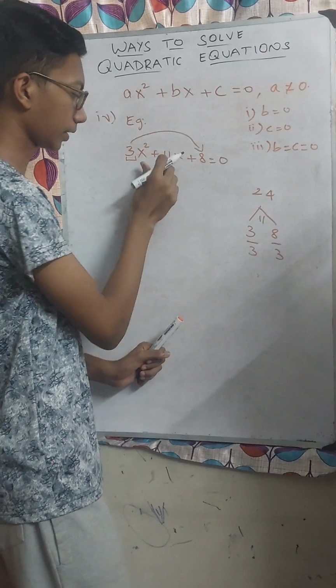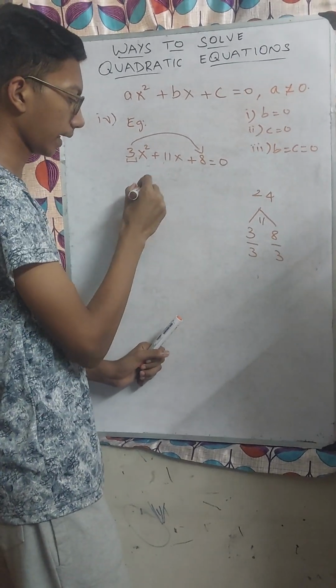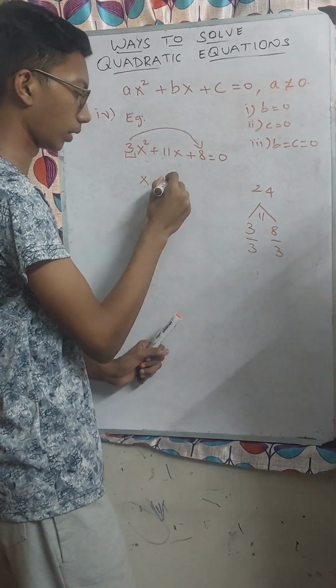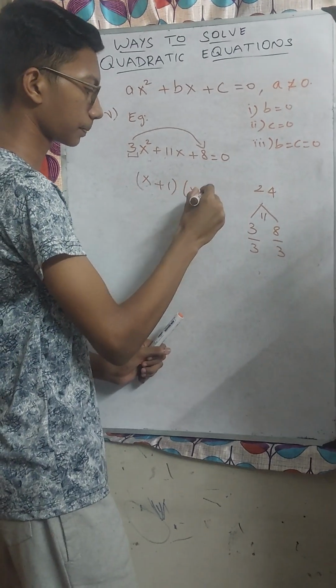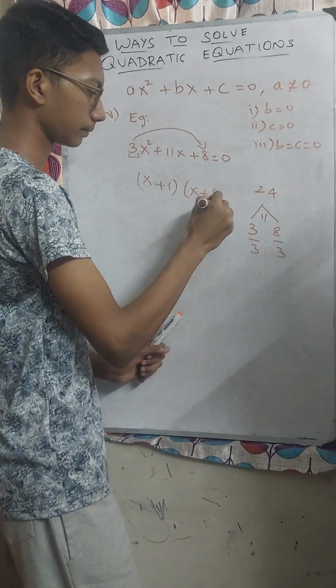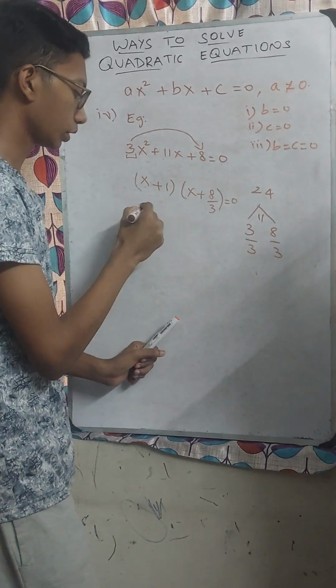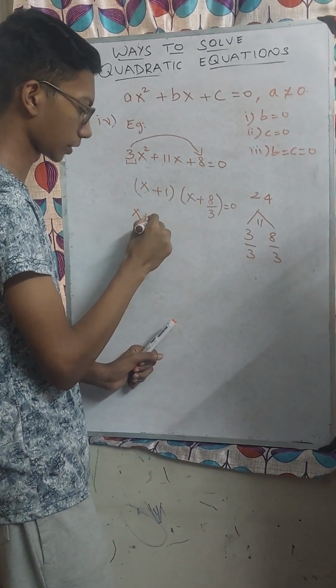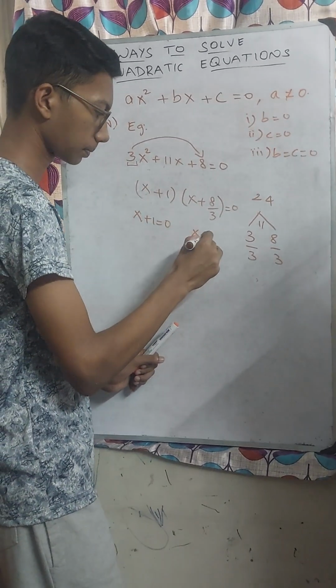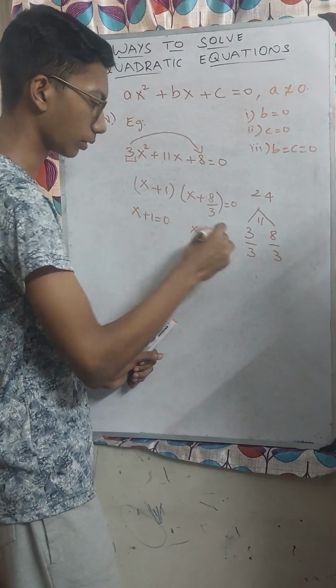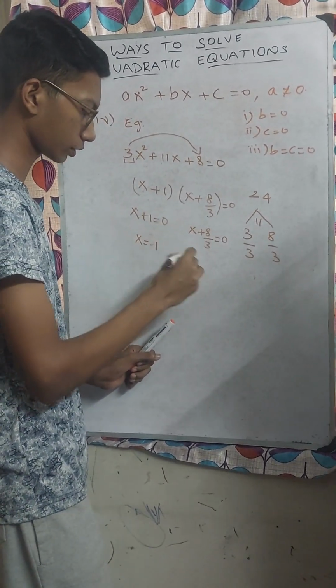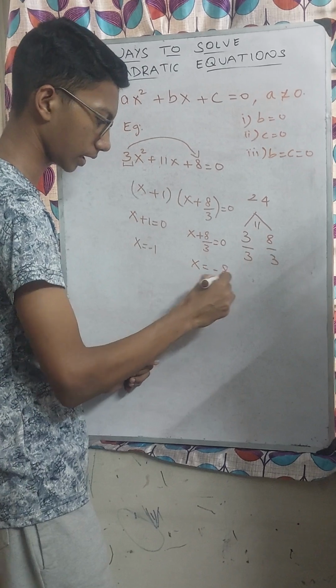So the way of factoring this is (x + 3/3), which is x + 1, and (x + 8/3) equals 0. If we multiply this, we will get this. So from this, x + 1 = 0 and x + 8/3 = 0. So x = -1 and x = -8/3.